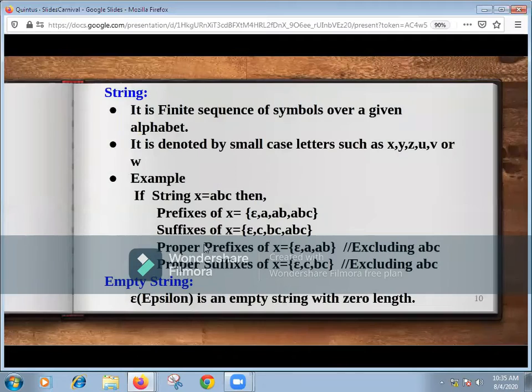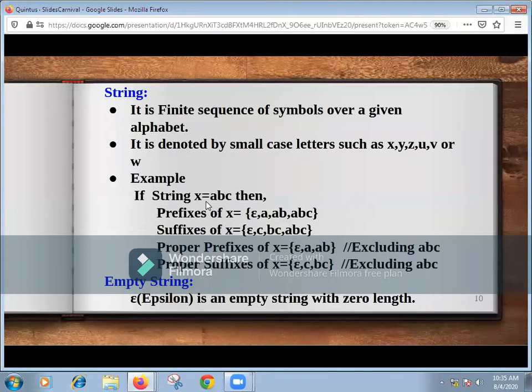Okay, apart from this, there is one concept like string. What is string? String is a finite sequence of symbols over a given alphabet. We are going to see its example, and it is denoted by small case letters like X, Y, Z, U, V, or W. So if I say W equal to ABC, or for example, string X equal to ABC, then what will be its finite sequence?